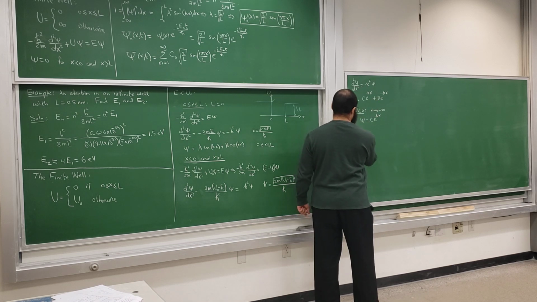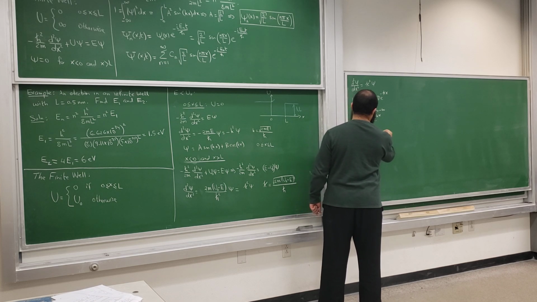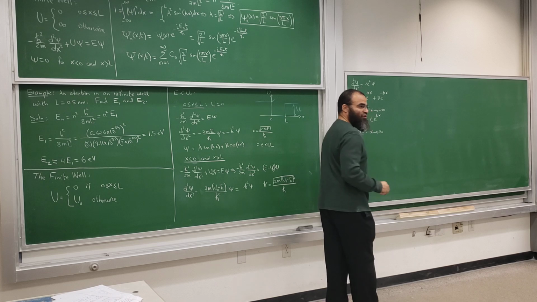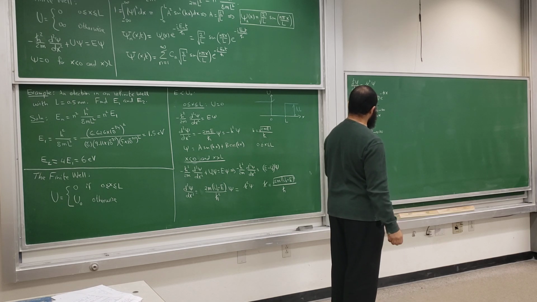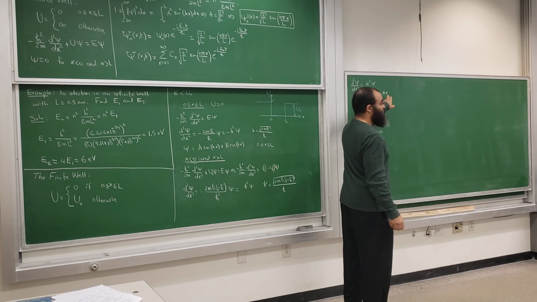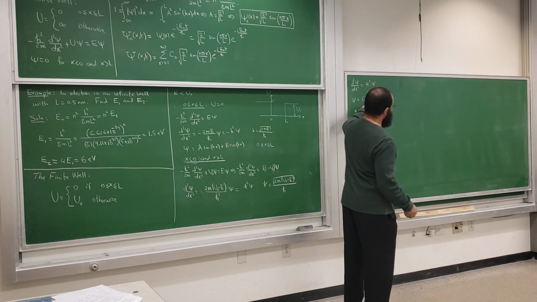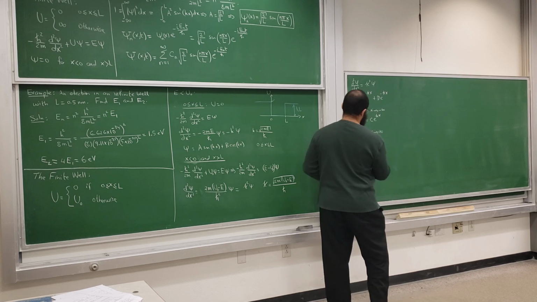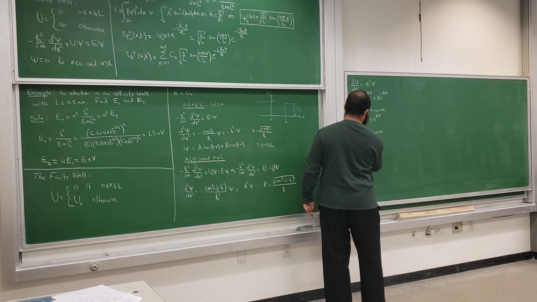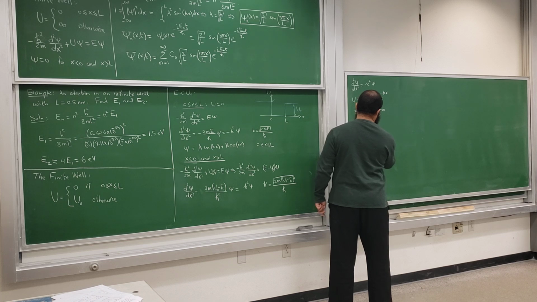For x greater than L, the opposite happens. So when x goes to infinity, I need psi to go to 0. So which term should I keep? This one, right? Because e to the minus positive becomes minus infinity. But this one will not be acceptable. So we get psi is d e to the minus kappa times x.